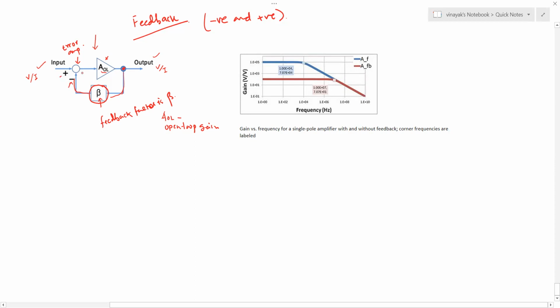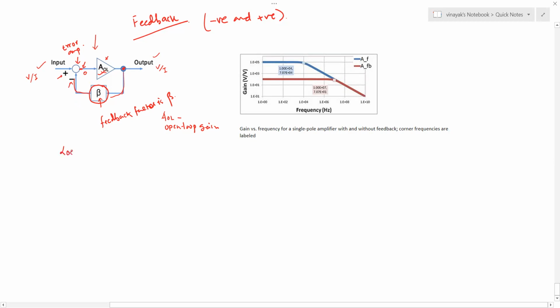So it subtracts a portion of the output signal from the input signal, and the error is generated at the output of this error amplifier or subtractor, which is then amplified again by the amplifier. And this process continues until the output of the error amplifier is 0 and there is nothing to amplify.